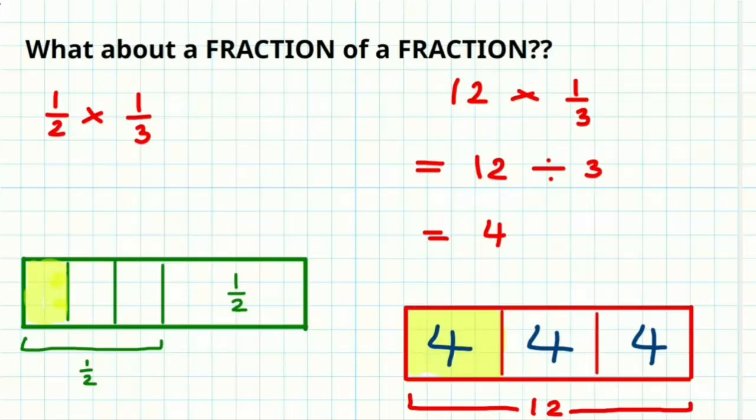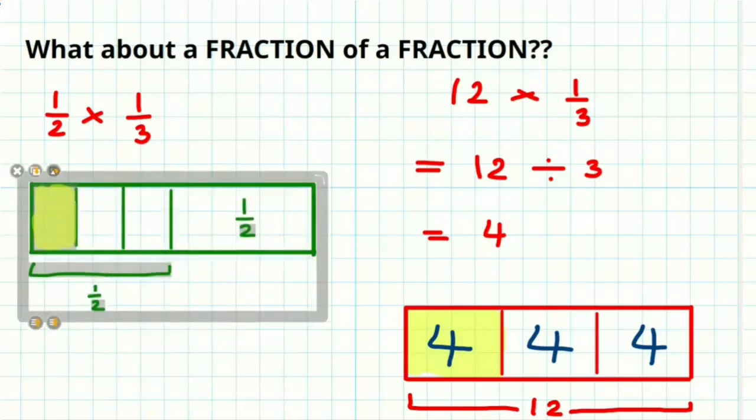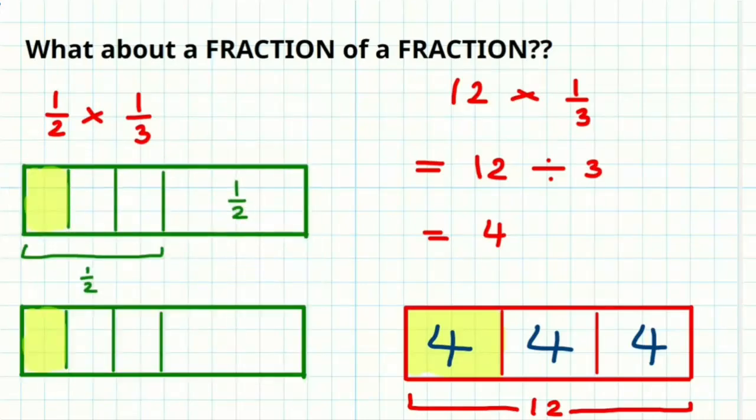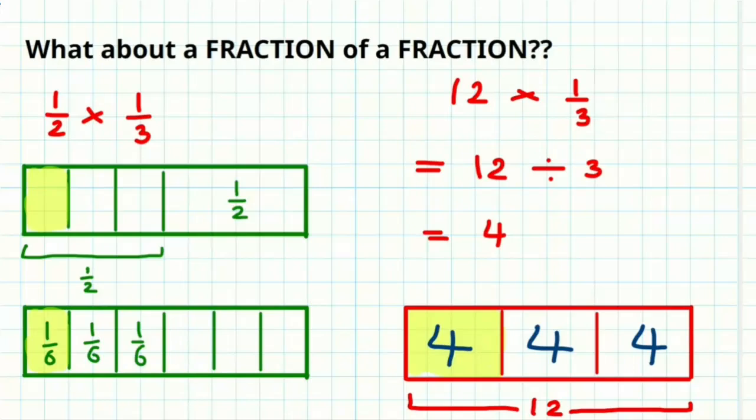So to help us see this, let's take the other half as well and divide that into 3 equal parts. And now we've got 6 equal parts of the big green rectangle, of which we have highlighted 1. That means the answer is 1/6.